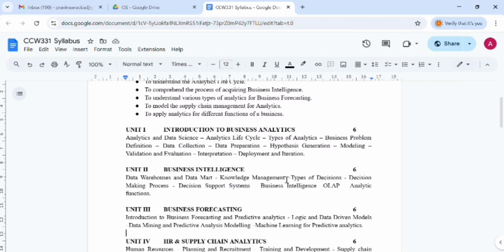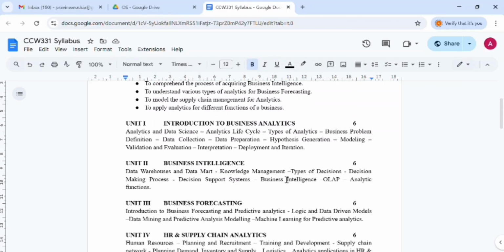In the first unit, we are going to see the introduction to business analytics. In this unit, we see the fundamentals of analytics and data science, and an outline of the complete analytics life cycle. It covers key stages such as defining the business problem, how to identify business problems, collecting the data about that problem, preparing the data, generating hypotheses, and building models.